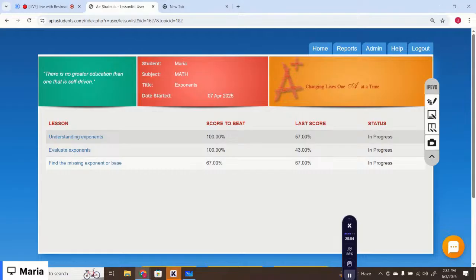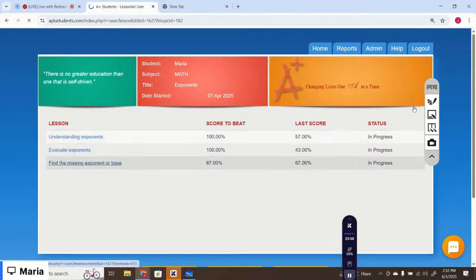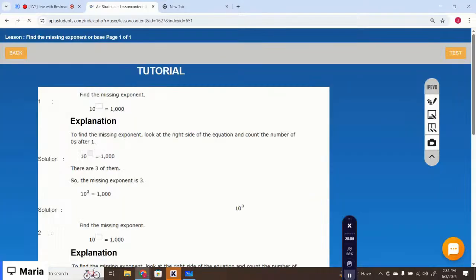The next lesson is find the missing exponent or base. Find the missing exponent.